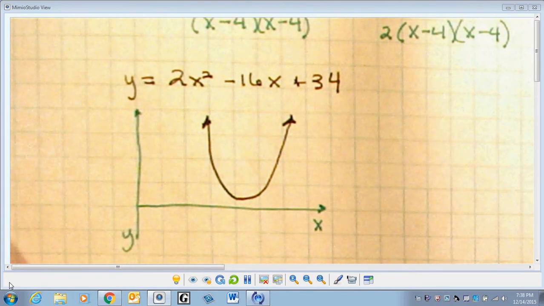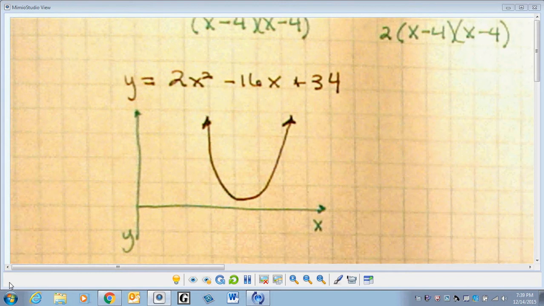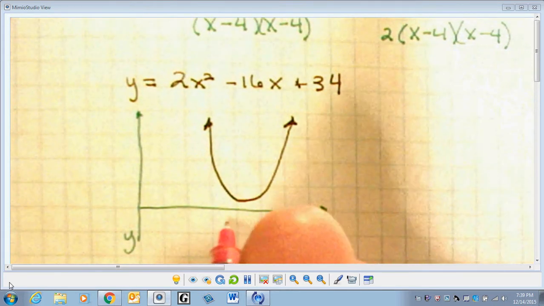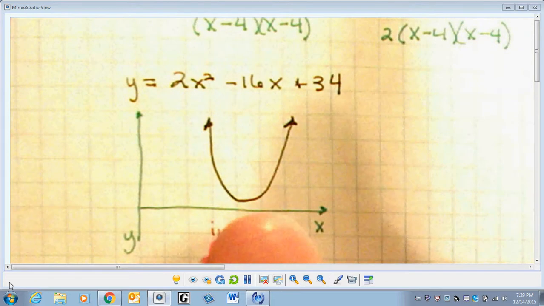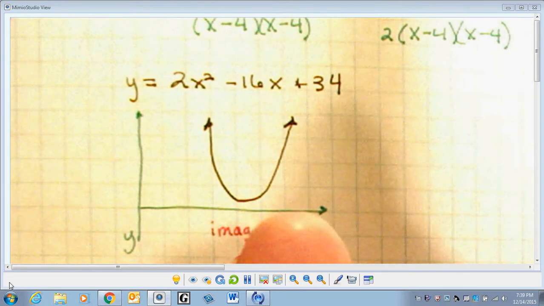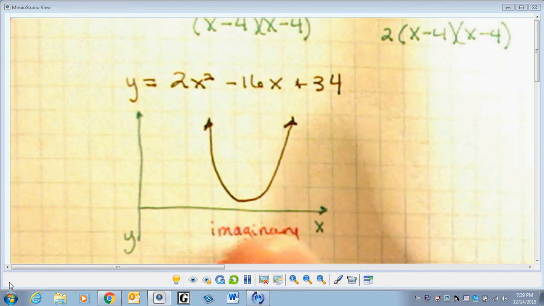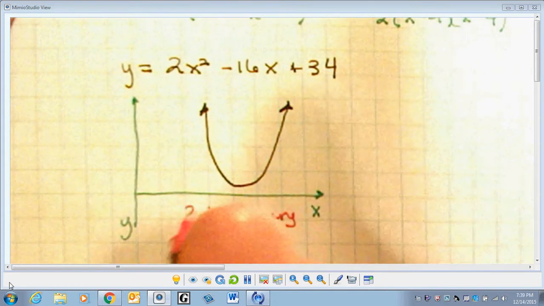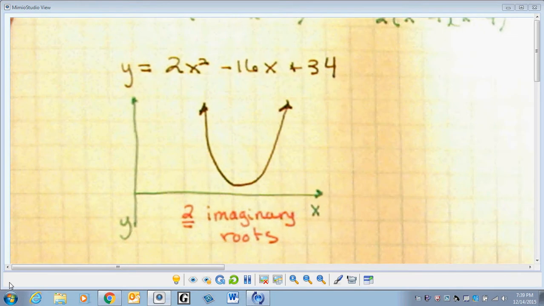So as we can see here, there are no real roots, but they're only imaginary roots. So because it's not touching, I have imaginary roots. In fact, I have exactly 2 imaginary roots.